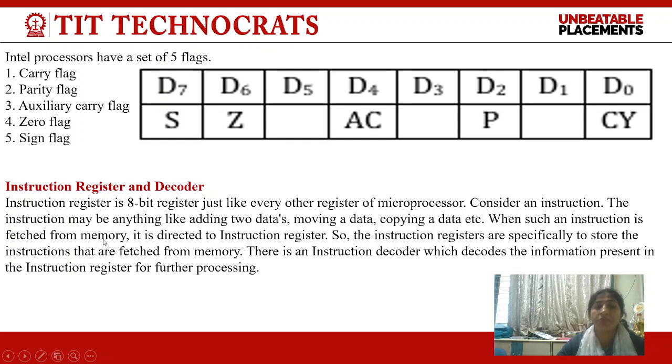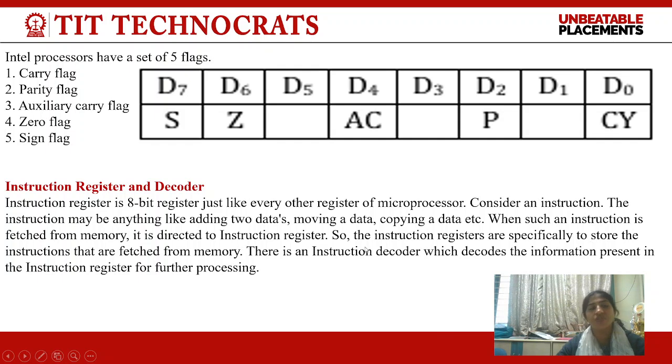The instruction may be anything like adding data, moving data, or copying data; anything which you want to process in the processor needs to be fetched by the instruction register. After the decoding of the instruction, the particular processing will take place.